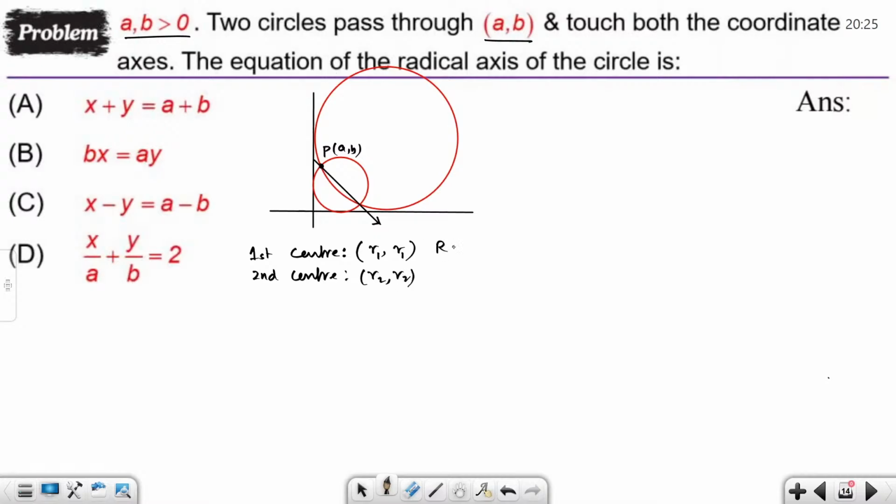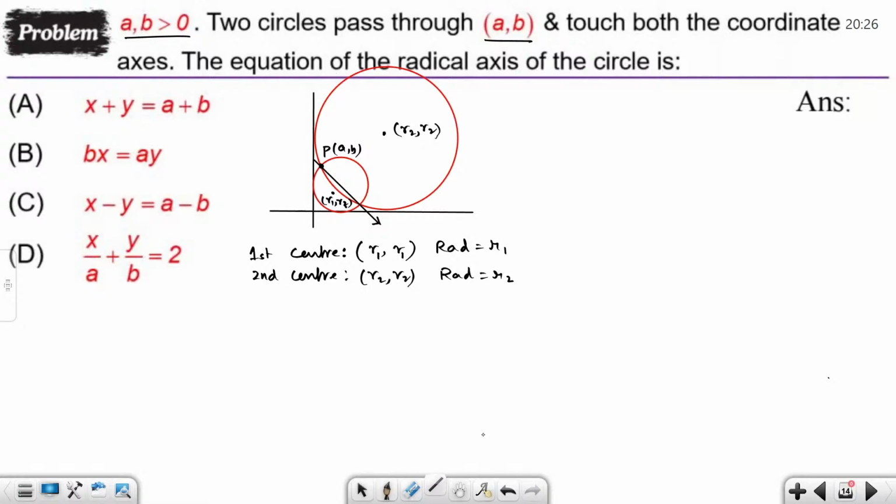Therefore the radius of the first circle is r1 and the radius of the second circle is r2. Now can you observe that the center for this circle is (r2, r2), and the center for the first circle is (r1, r1).